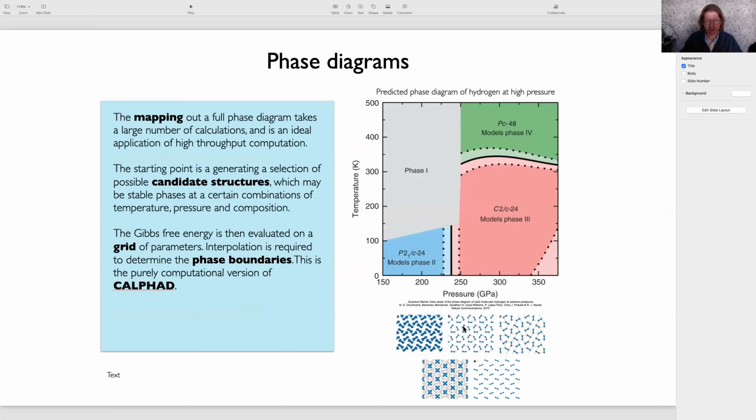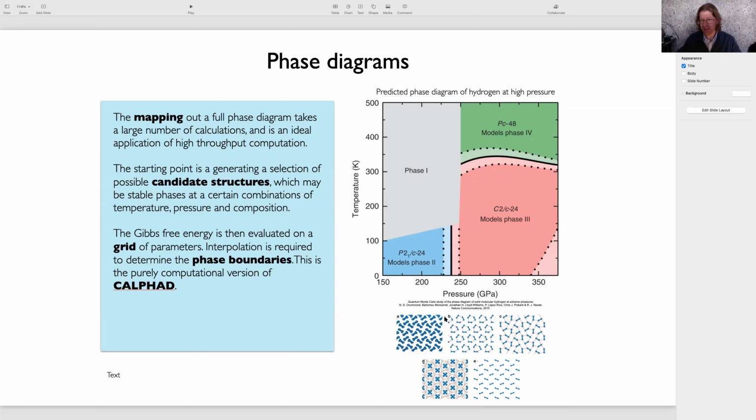Okay, so when we put everything together, if we start computing the free energy using temperature, using either the quasi-harmonic methods to calculate the entropy of vibration or thermodynamic integration, you can start to map out phase diagrams. So here on the right-hand side is an example we did for hydrogen at high pressure using structure prediction, which we'll talk about later.